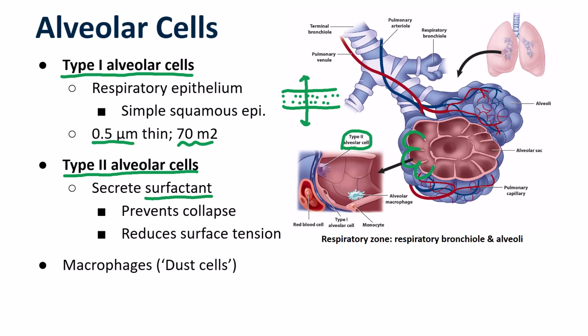Also present within alveoli are specialized macrophages, which we call dust cells. So as you can imagine, as we breathe in material, there can come some impurities, some small bits of material that come along that need to be dealt with.